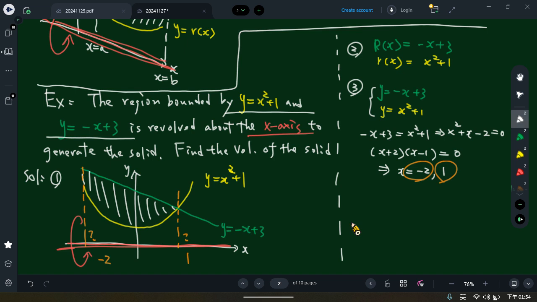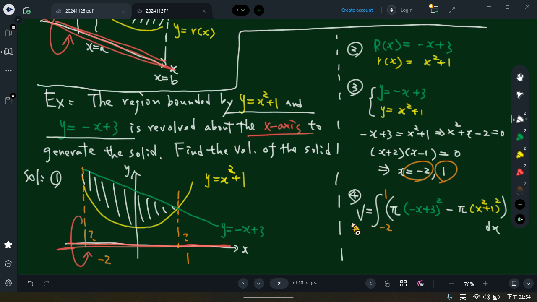Then finally, we just put all parameters together. The V will be the integral from negative 2 to 1 of pi times the outer part, which is this one, negative x plus 3 squared, then minus pi times x squared plus 1 squared, then dx.